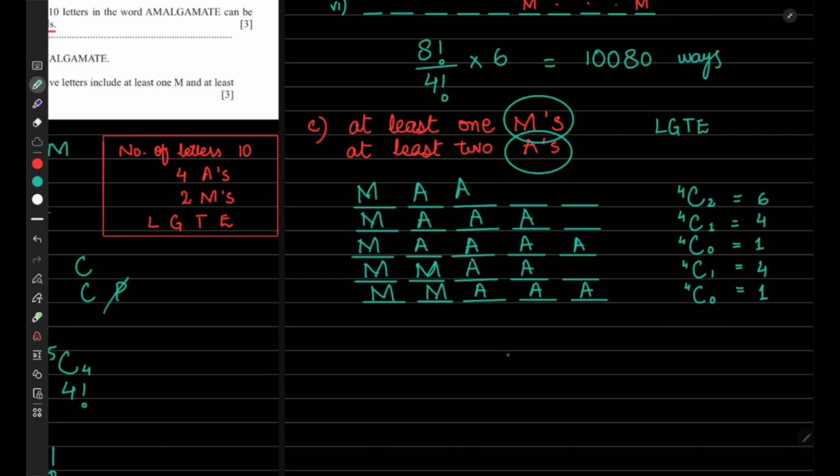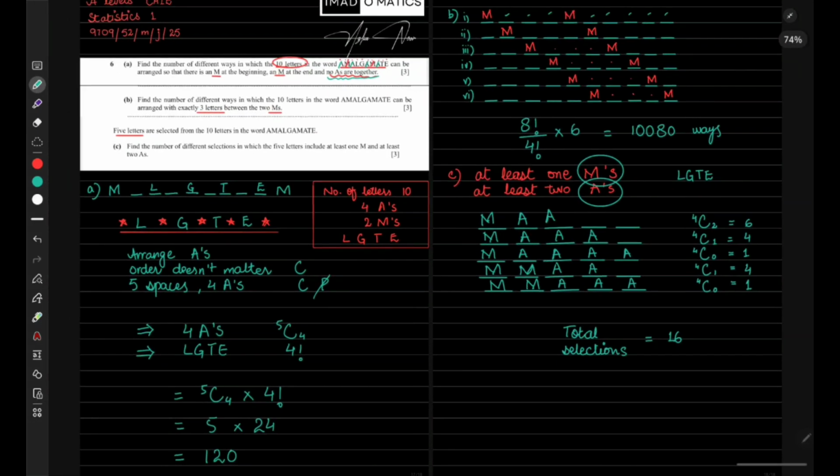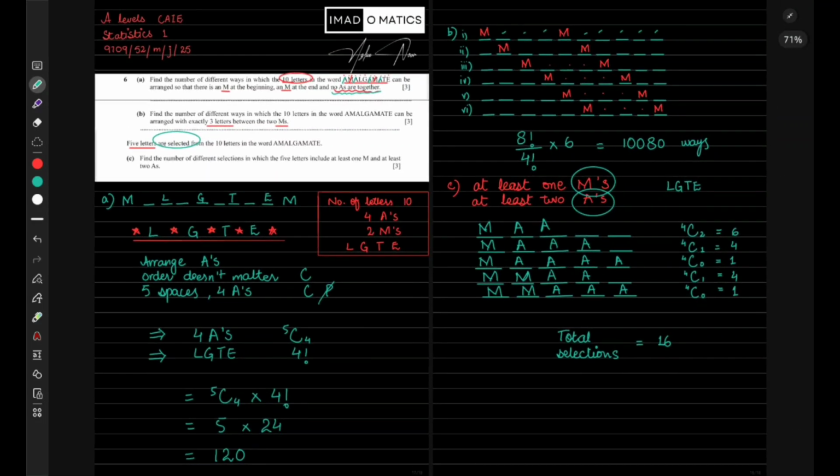When we add these all, 6 plus 4 is 10, 10 plus 1 is 11, 11 plus 4 is 15, 15 plus 1 is 16. So total selections will be 16, because they used the term selected. 5 letters are selected. So how many selections are possible? 16. I hope you understand this question.